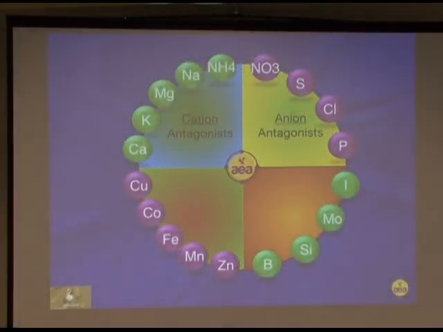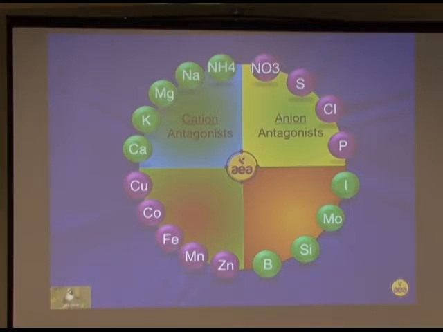And I want to describe some of the things that we have learned with SAP analysis and that are reflected in this diagram. We put this diagram together to really explain and describe some of the nutrient interactions that we see taking place in plants. If you look at this diagram, it's divided vertically and horizontally.